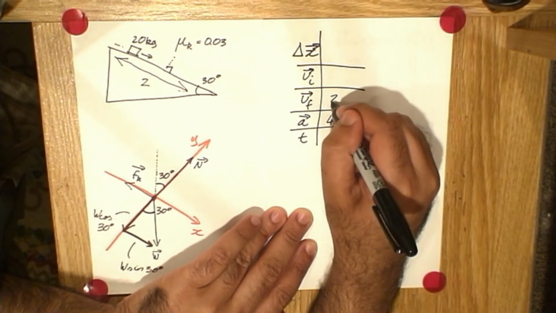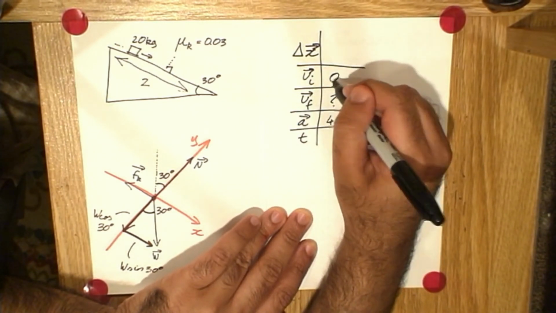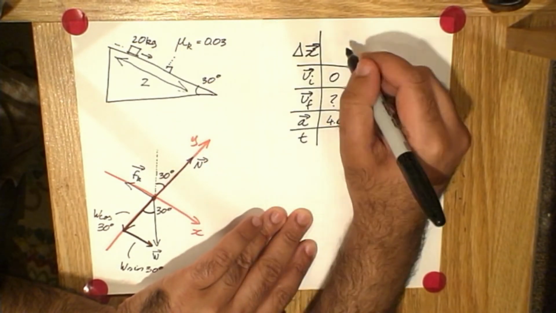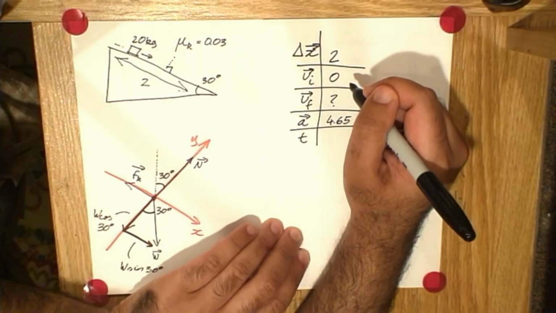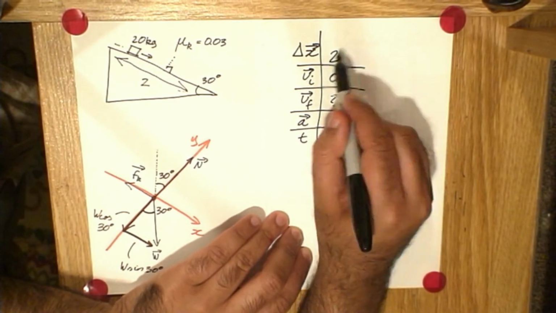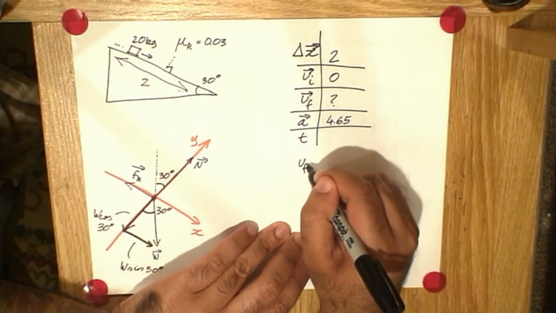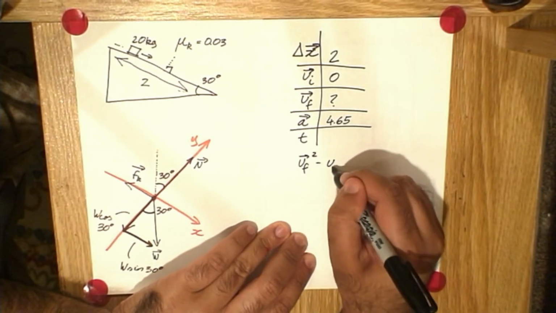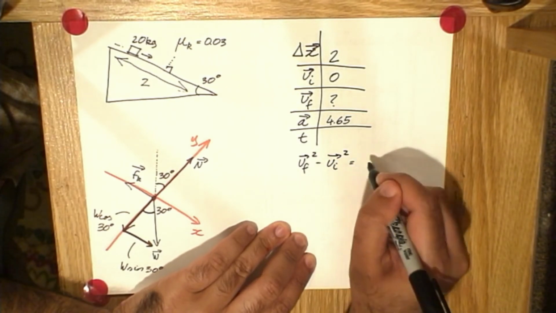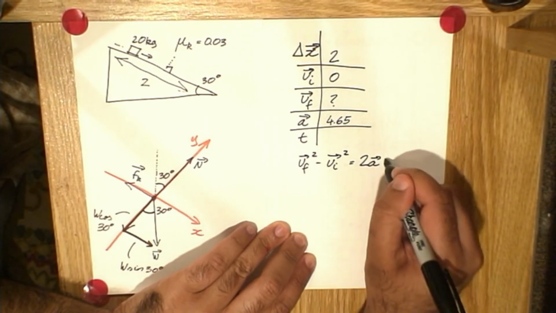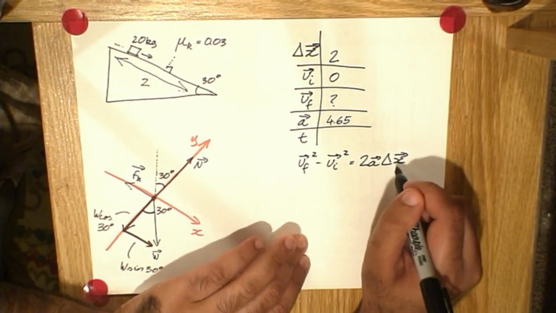The final velocity is what we're looking for. The initial velocity was 0, and the displacement of the box is 2 meters. There's only one equation that weaves together all 4 of these quantities, and that's toolbox equation 4. V final squared minus V initial squared equals 2 times acceleration times delta x.